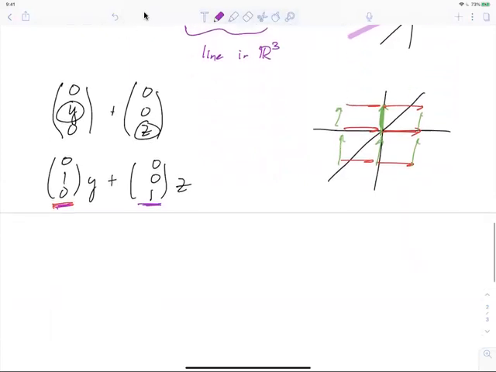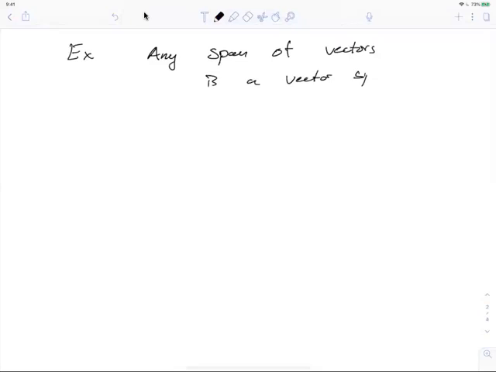So let's go on to the last example that I think is very important. Any span of vectors is a vector space. So keep in mind that span here means any combination.